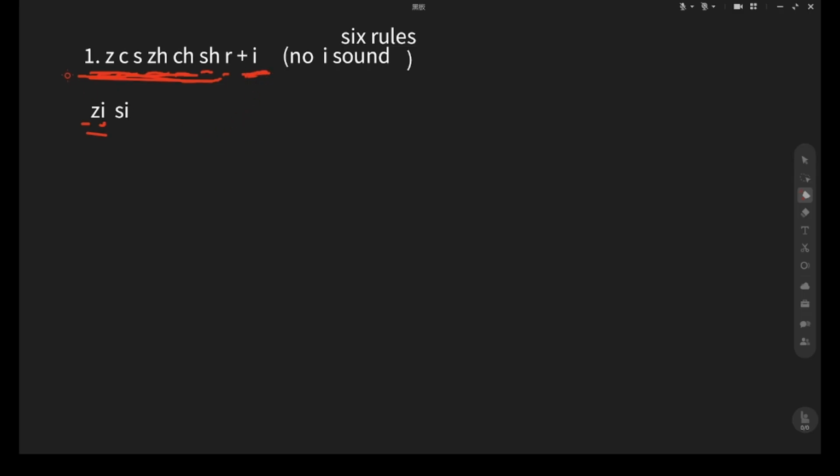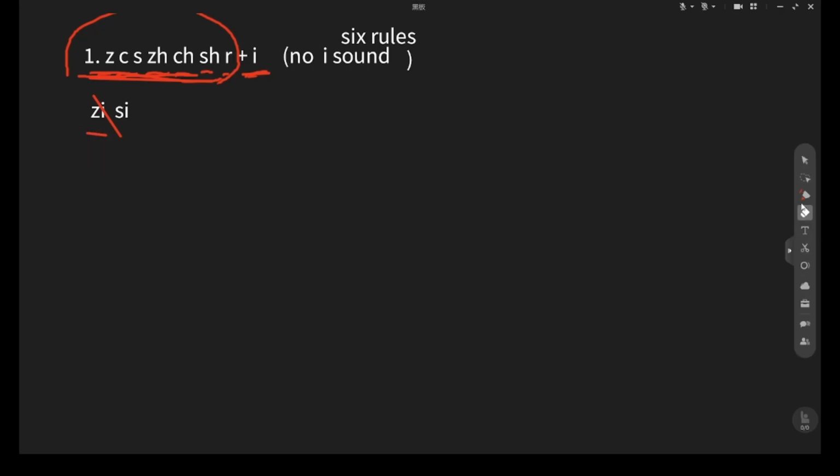You only pronounce this consonant. So delete the e sound. So this pinyin we read as z, okay? No e sound, only pronounce this consonant.